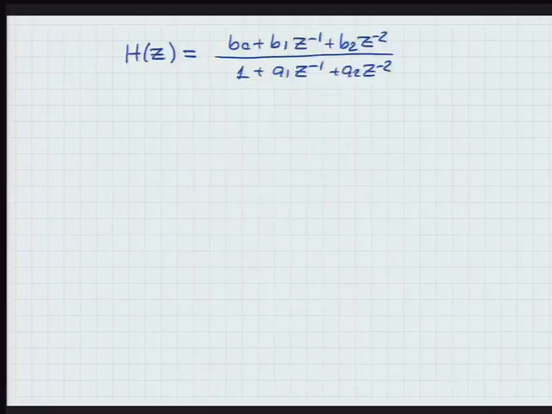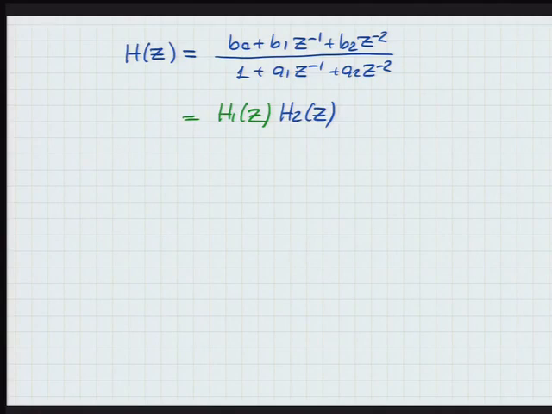So essentially, what I'm trying to build here is H1 of z, which is the numerator from example 1, times H2 of z, which is the term we have from example 2, right? So therefore, I'm really trying to build a system whose transfer function is a product of those two.